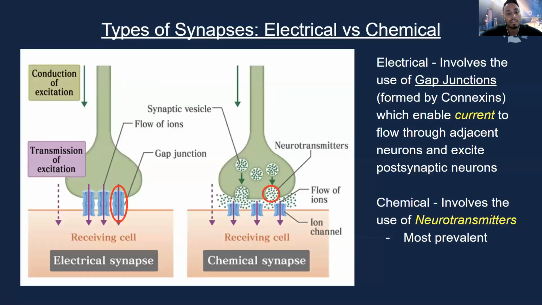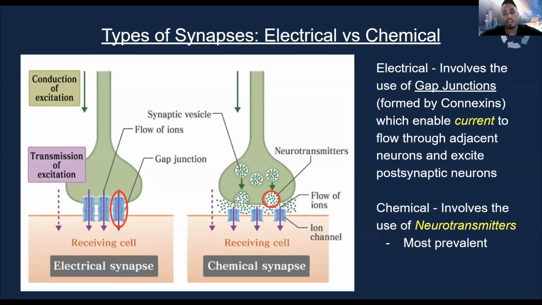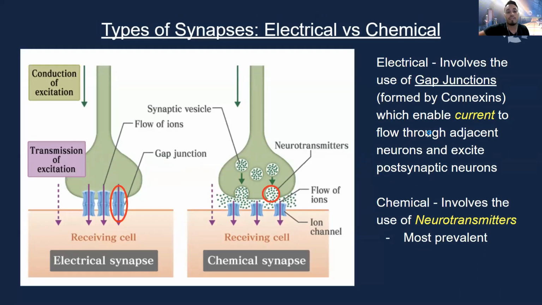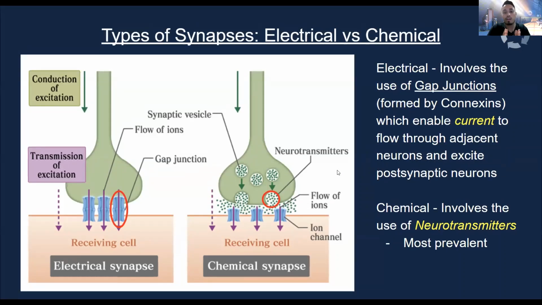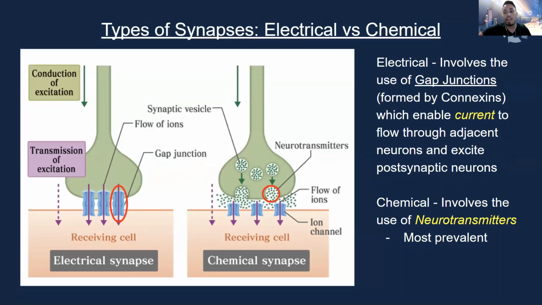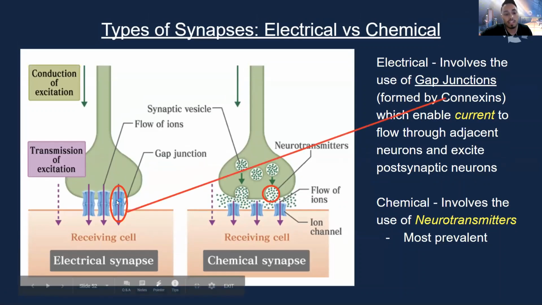So here are the types of synapses. Essentially, you need to know electrical versus chemical. In particular, the electrical have these gap junctions, which means it's kind of like a tunnel that they share with the adjacent neuron. That tunnel is formed by these proteins that form a pore and allow the charge to flow through.